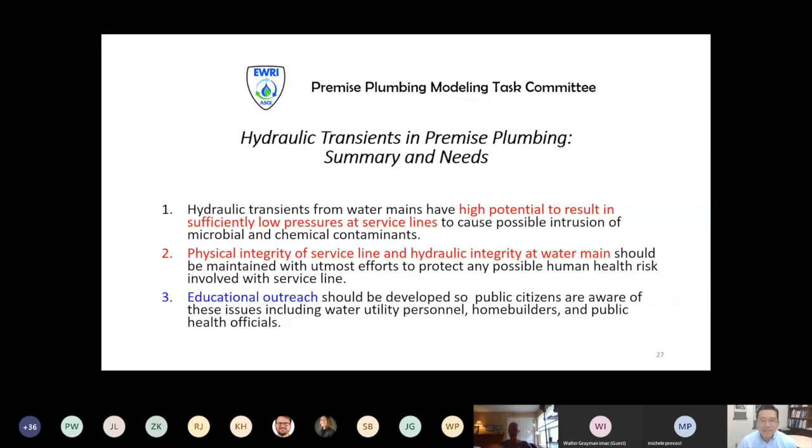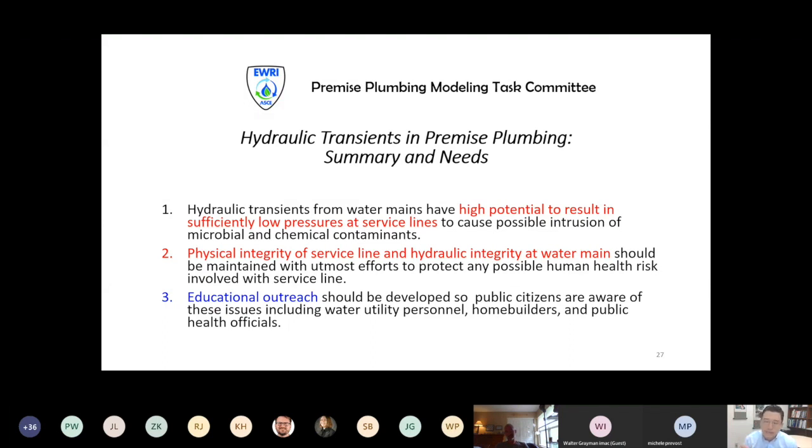In summary, hydraulic transients from the water main have a high potential to result in sufficiently low pressure at service lines to cause possible intrusion of microbial and chemical contaminants, and also affect the physical integrity of the service line.